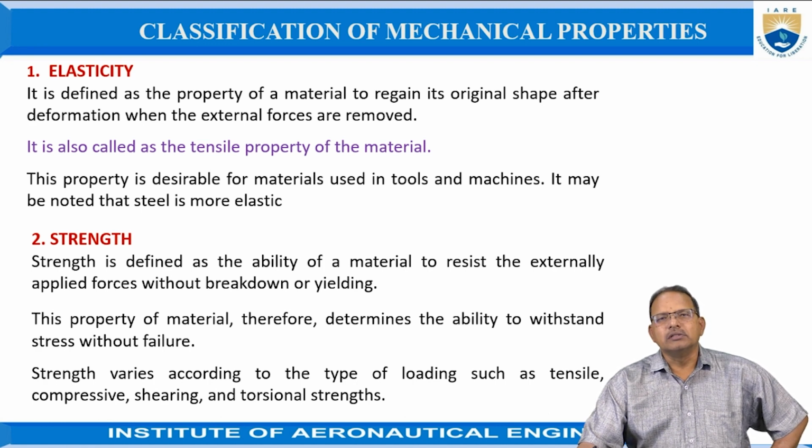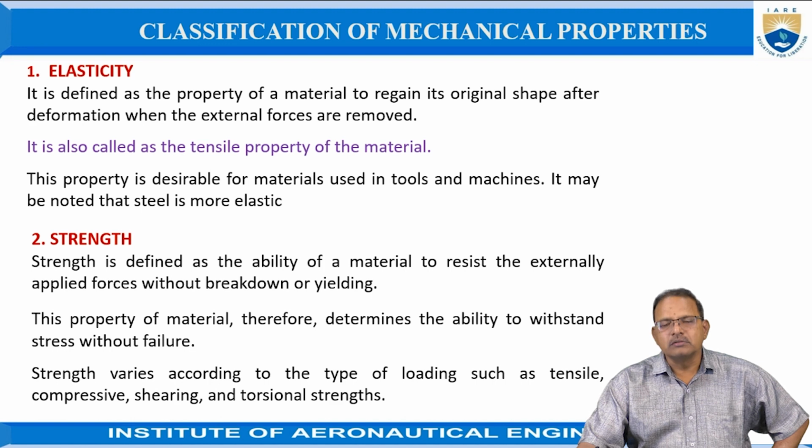It is also generally called the tensile property of the materials. This property is desirable, particularly in machine tools and other tools required for removing or cutting the materials. It may be noted that steel is more elastic than rubber.